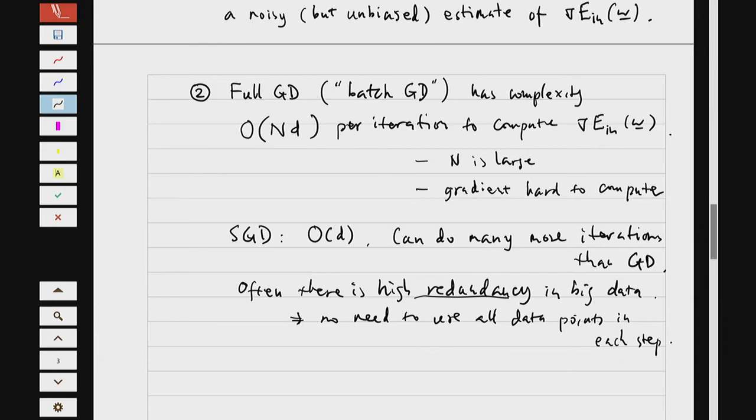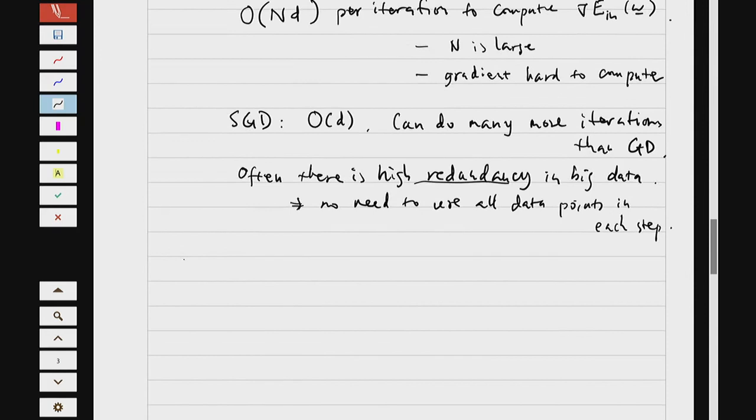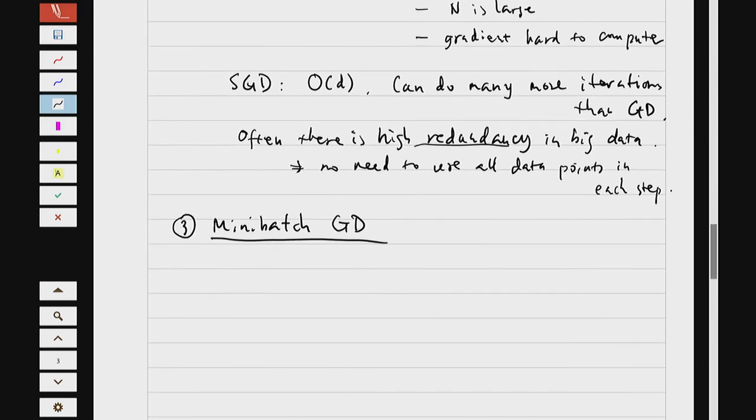We don't use a single one, we don't use all of them, we go somewhere in the middle. This is called mini-batch SGD, and it is the most common thing that we do. This is compared with the batch GD or full GD or full batch GD. Different names, doesn't matter. So at each iteration, instead of just using a single sample, we choose a small subset of the samples. Let's say M of them.